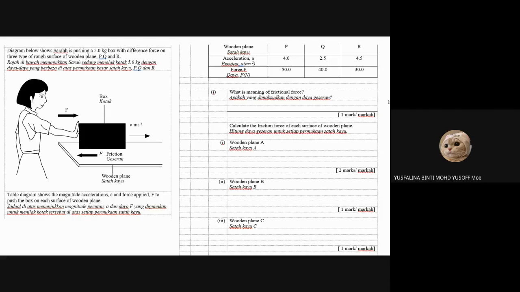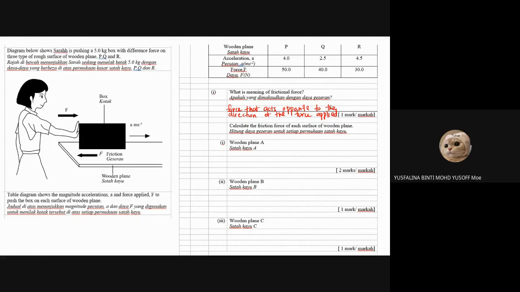The correct one is actually the third: the frictional force is the force that acts opposite to the direction of the force applied. Okay, so this is the correct answer.